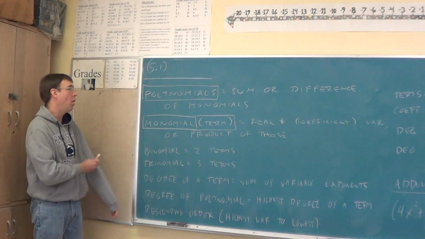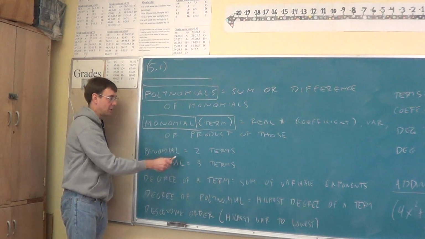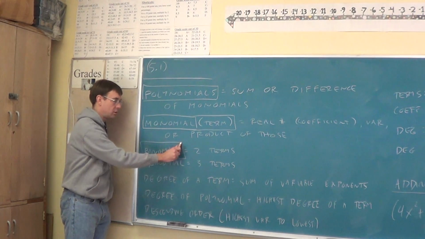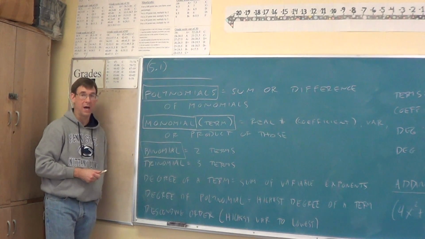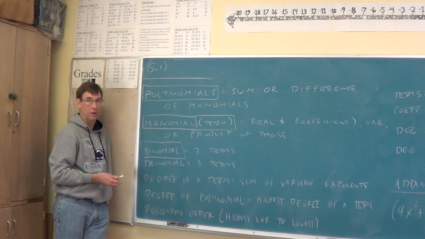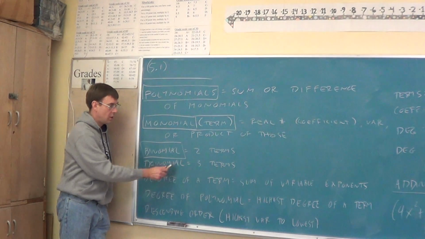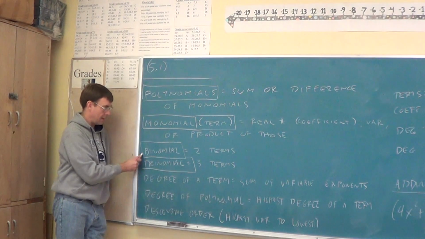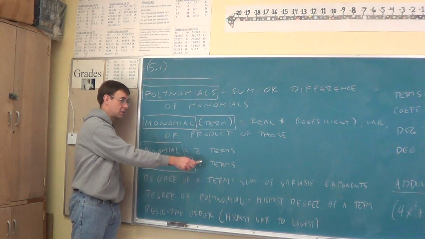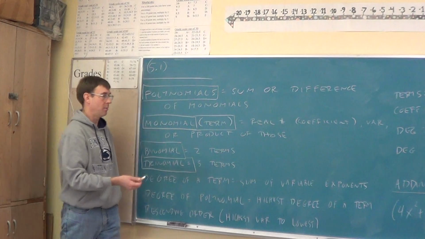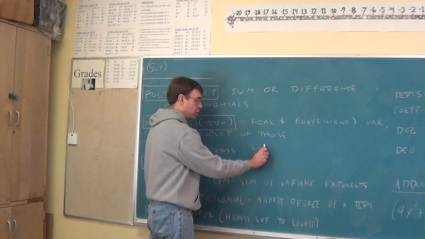A binomial is going to be a polynomial specifically that has two terms, and that shouldn't be too shocking. The prefix bi always means two, like a bicycle has 2 wheels, or a million other words that start with bi. A trinomial is going to be a polynomial that has 3 terms. Like a binomial might have been x plus 2.